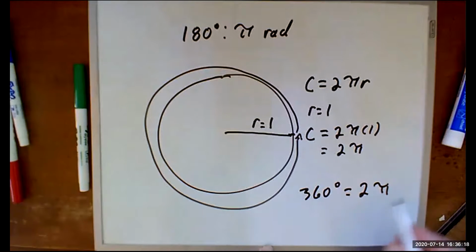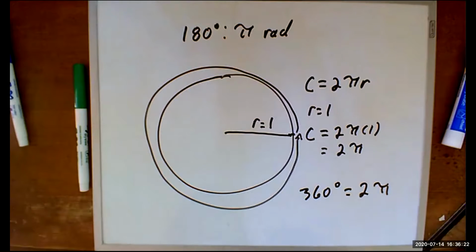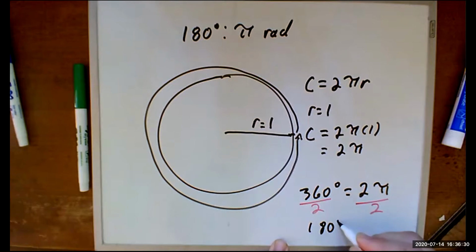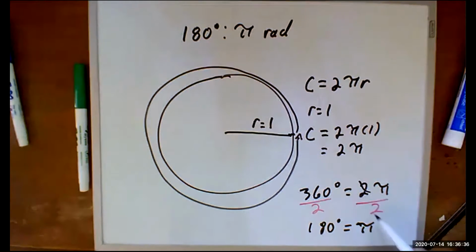And from there, if we want to get this down just to pi, we'll divide both sides by 2. And we get the relationship shown up here. 180 degrees is equivalent to pi. So that's how that ratio comes around.